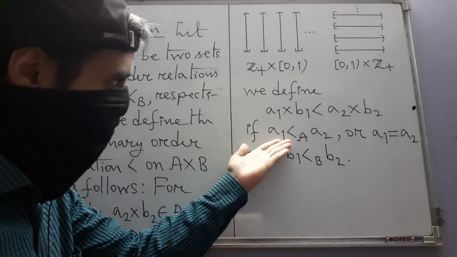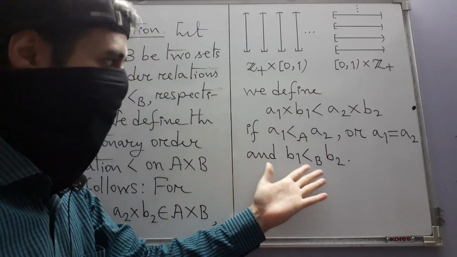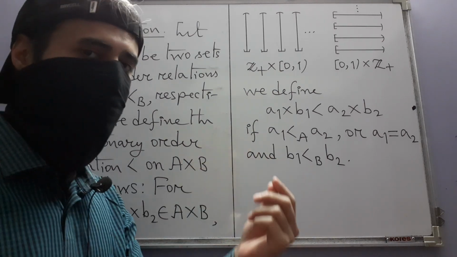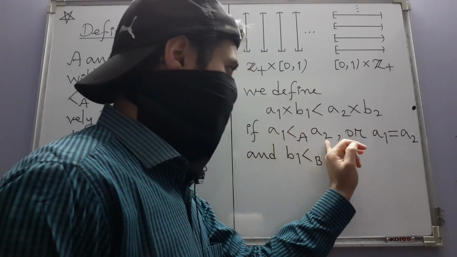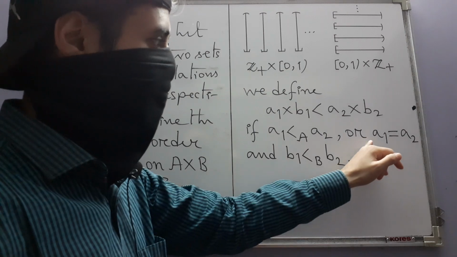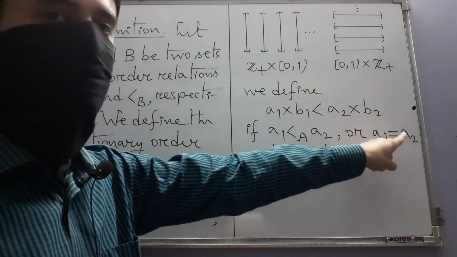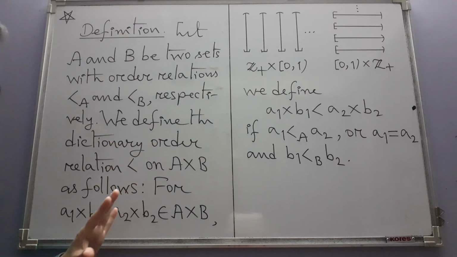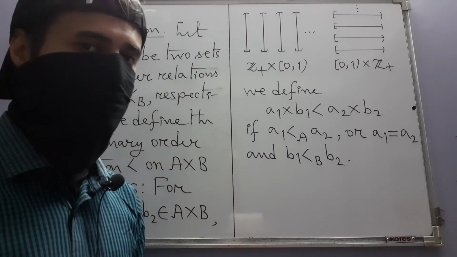If either this is true or this conjunction is true, conjunction of two simple statements meaning joining them by the word and, then we say that this ordered pair is less than this ordered pair. This is the dictionary order relation on the Cartesian product A and B of two ordered sets.